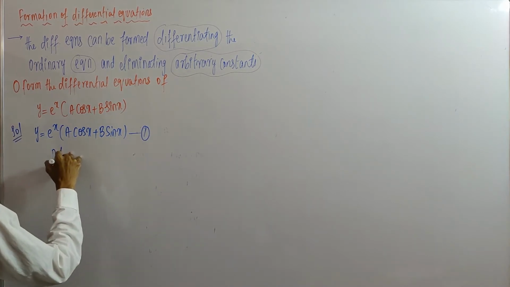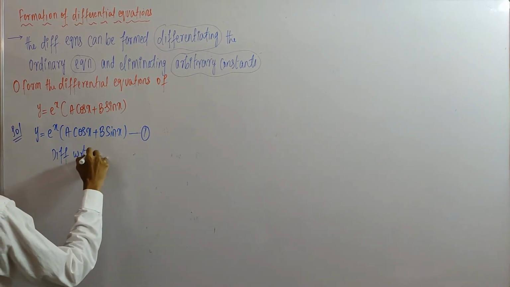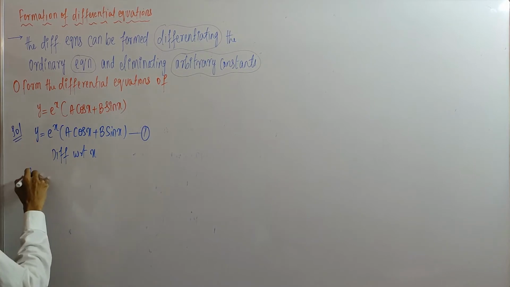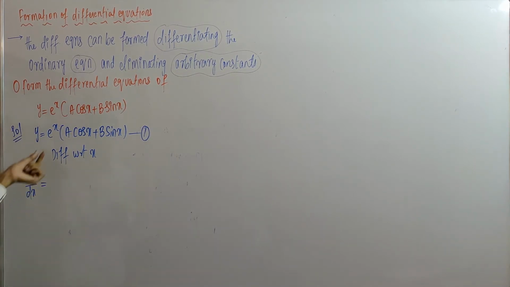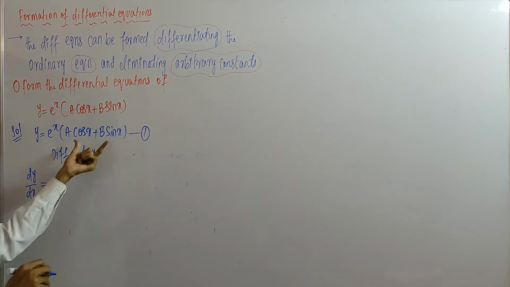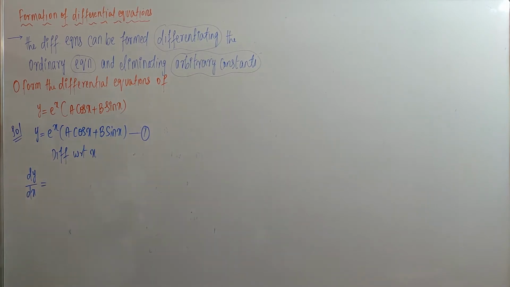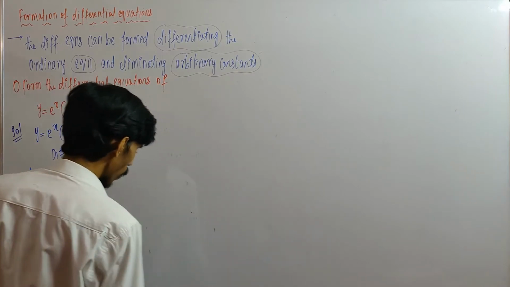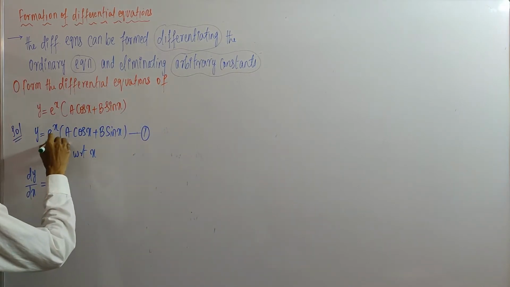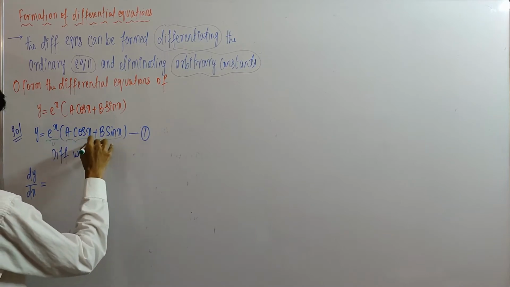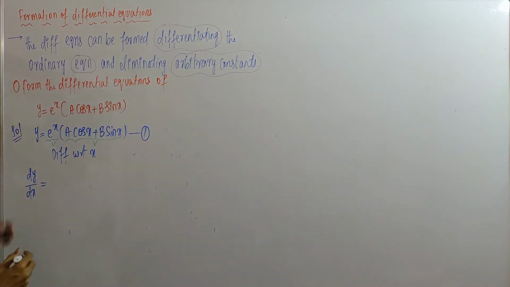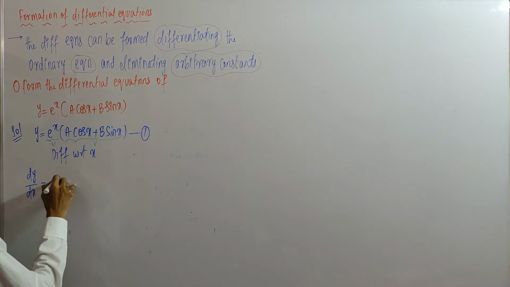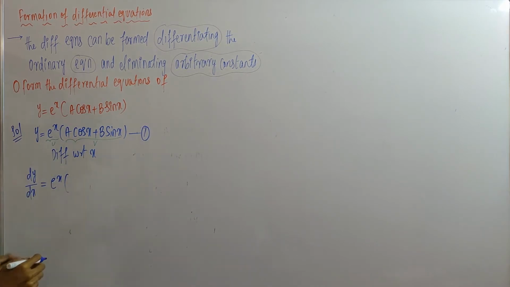Now differentiate with respect to x. This will become dy by dx. Here we have e power of x as one function, and a cos x plus b sin x is another function. So we apply the u into v rule, treating this as u and this as v. It means that we leave the first function and differentiate the second function.